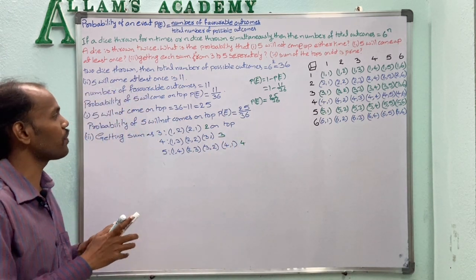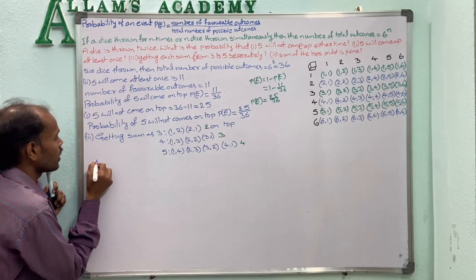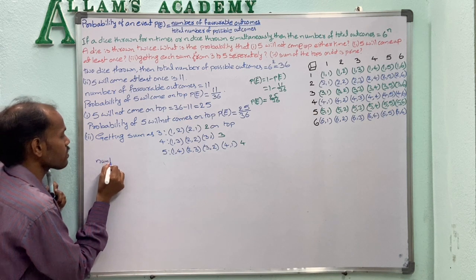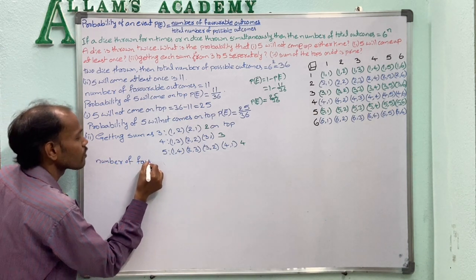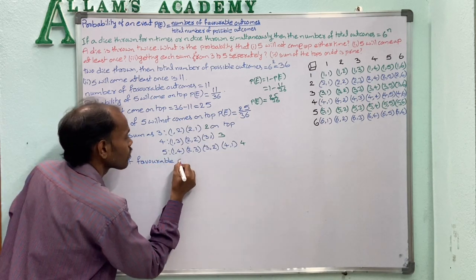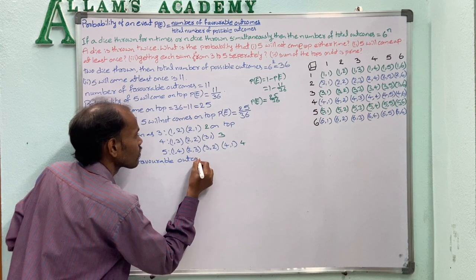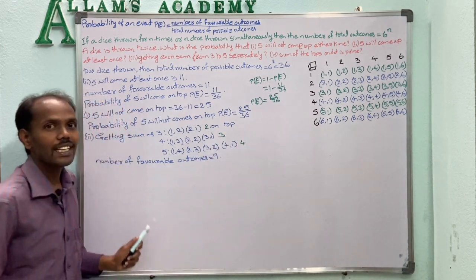That means the sum of these numbers is 9. So the number of favorable outcomes is 2 plus 3 plus 4, which is 9.